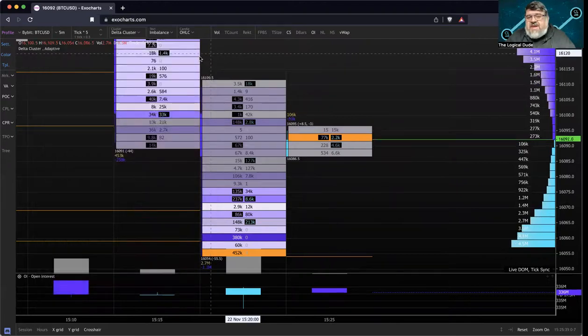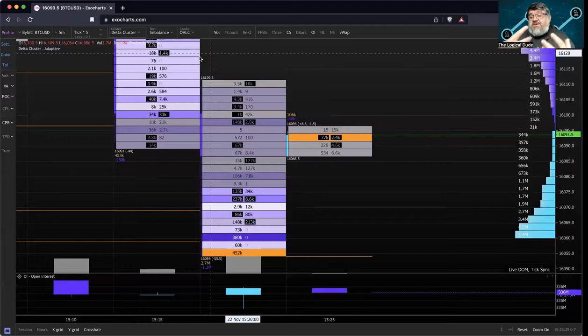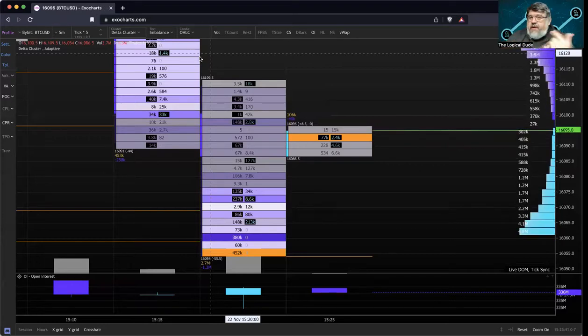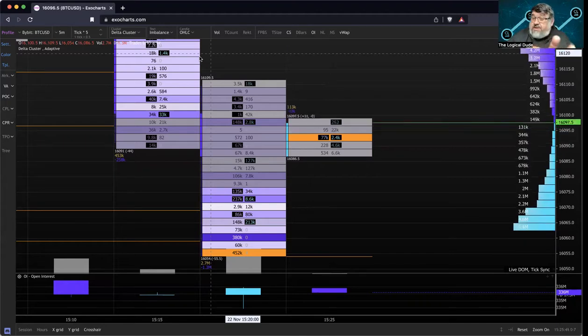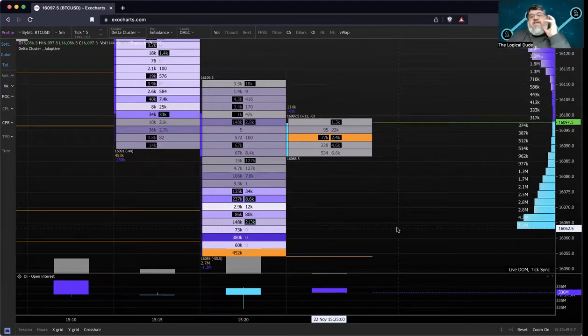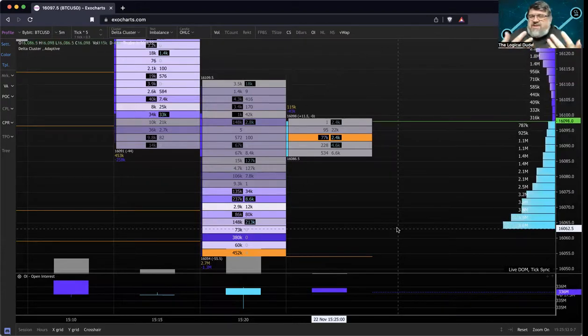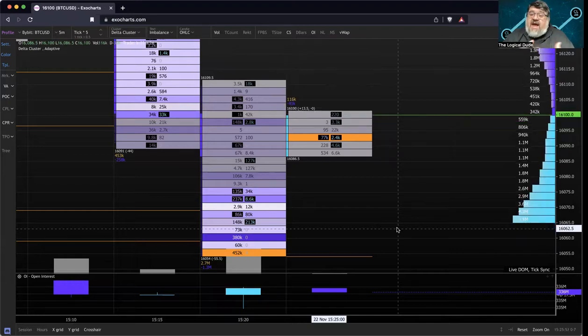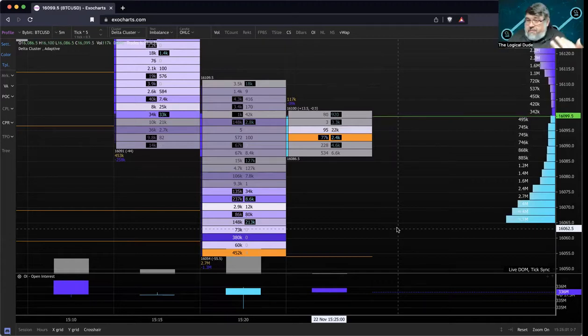So traditional TA is great and wonderful. I like using TradingView to look at my key levels of support and resistance, that kind of thing. I also let the naked points of control here on Exocharts help me out with that as well. I'll use TradingView for detecting patterns and things like that, just to get an idea of the trajectory of the market, if we're trading bullish or bearish.